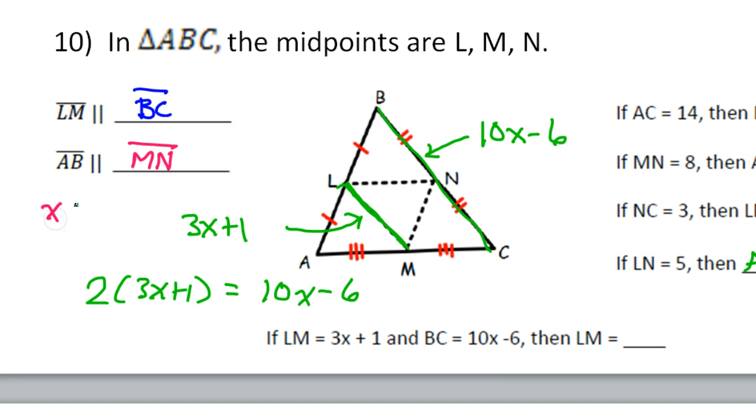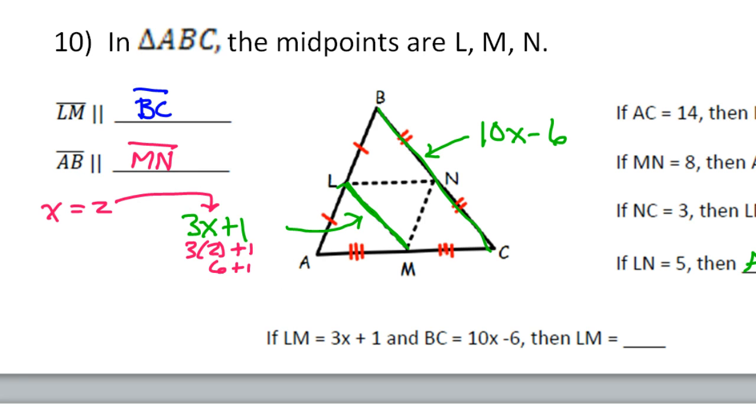Now we're supposed to find LM. But LM is 3x plus 1. But now that we know that x is equal to 2, then that makes this 3 times 2 plus 1. So that's 6 plus 1, which of course is 7. So LM would equal 7.